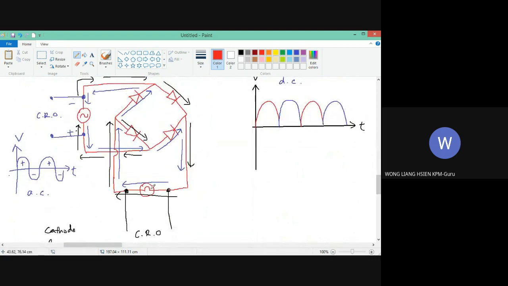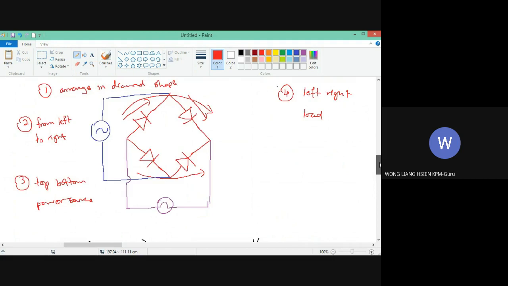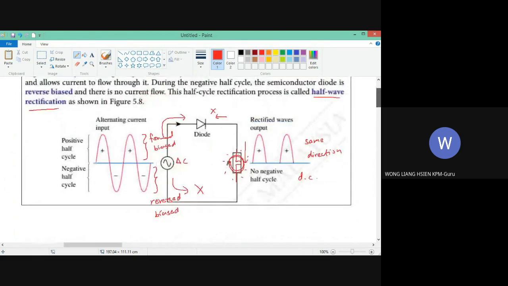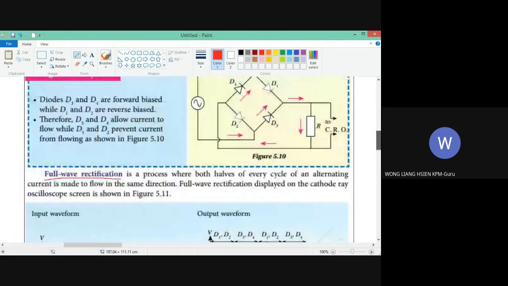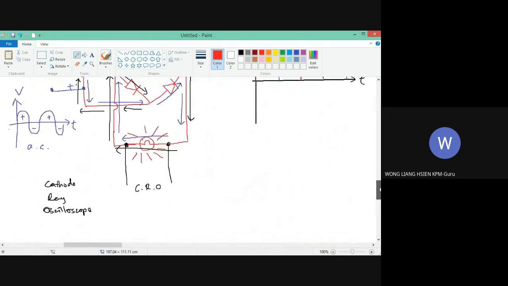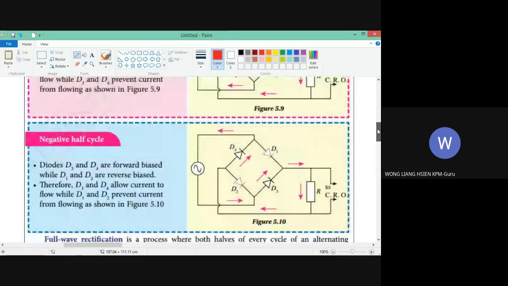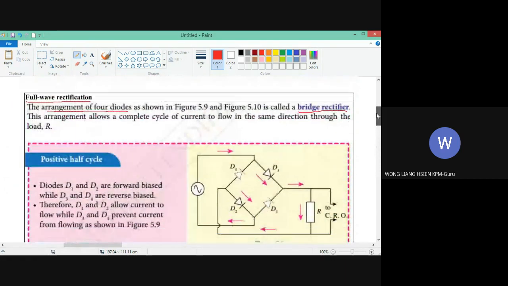So if we connect a bulb here, this bulb will be brighter than just now with the half wave rectification. Get the idea. But is this the best? Is this the best way to rectify the alternating current?